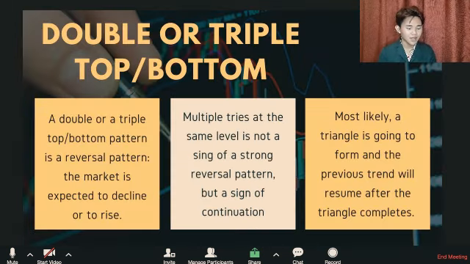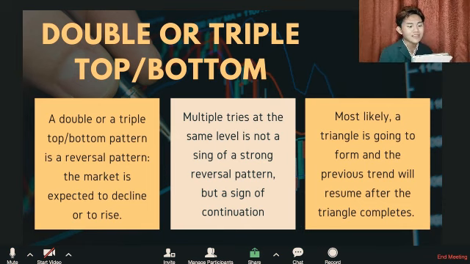We will also be talking about the double or triple top or bottom. A double or triple top or bottom pattern is a reversal pattern. It means that the market is expected to decline after a rising trend or rise after a bearish period when these patterns are forming. The double and triple top or bottoms are different in both the way they form and the way traders should interpret them.